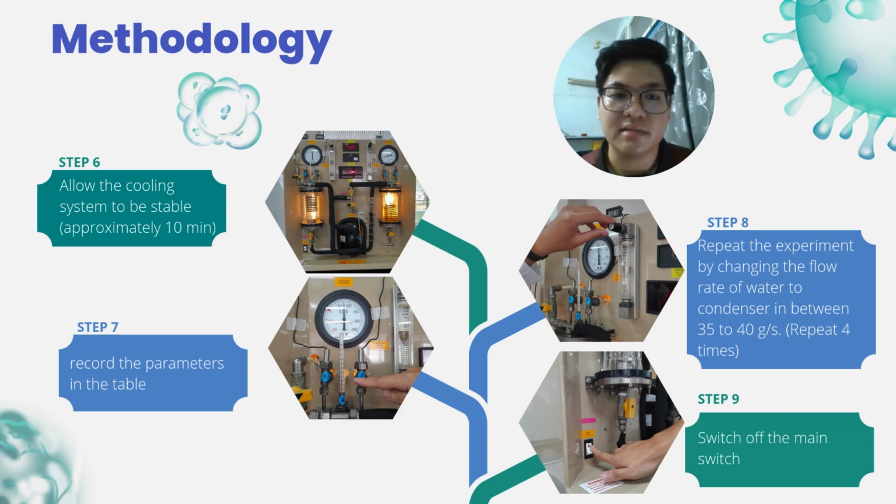Step 8, repeat the experiment by changing the flow rate of water to the condenser to between 35 to 40 gram per second. Repeat this experiment 4 times. At the end of the experiment, to conclude it, you have to switch off the main switch.